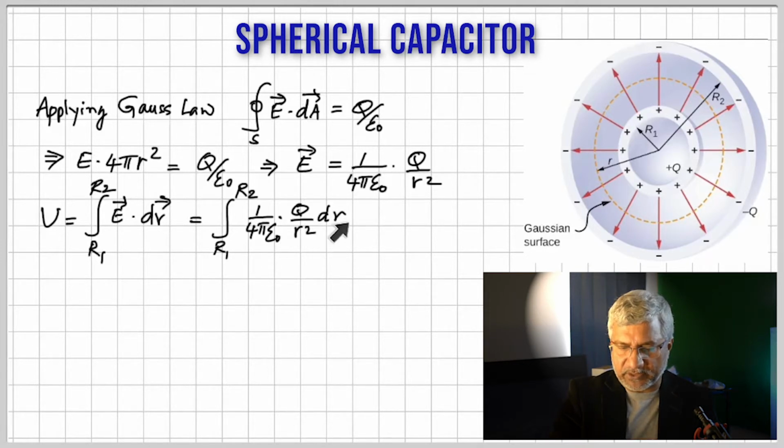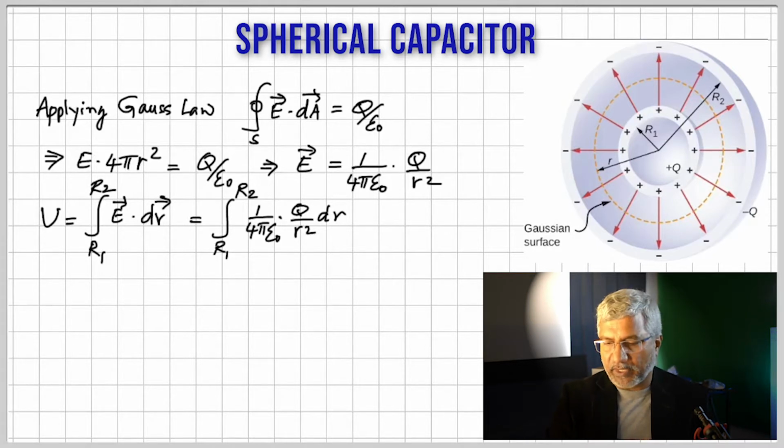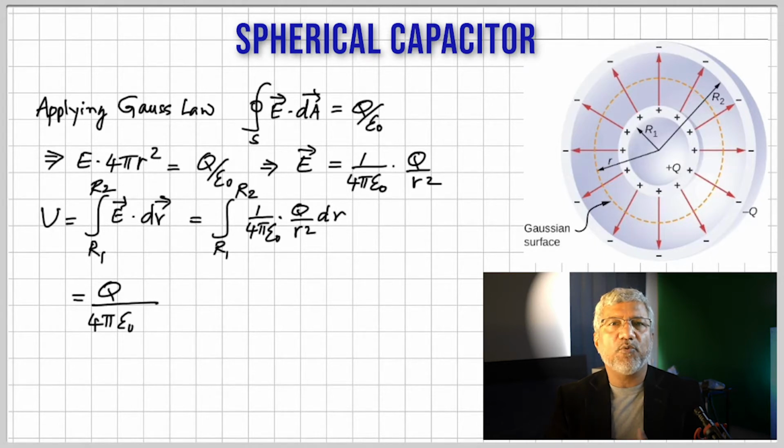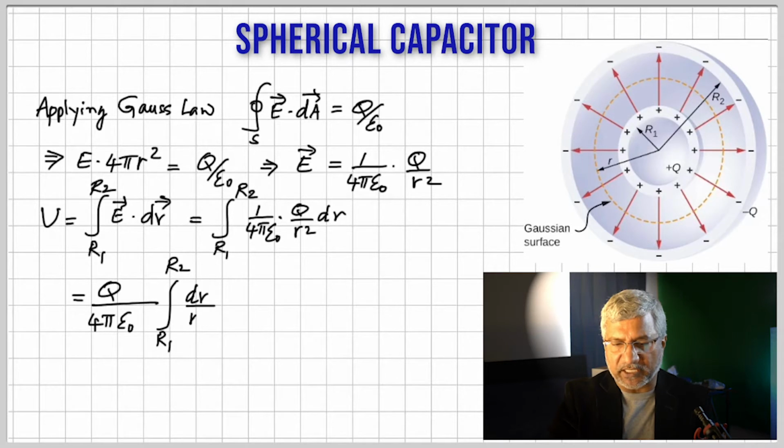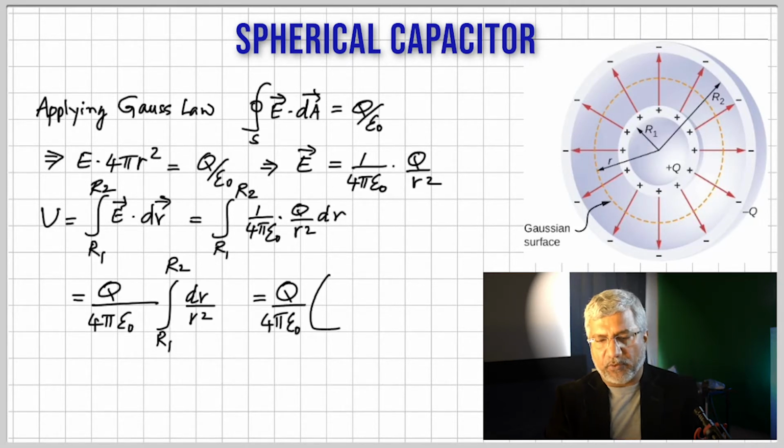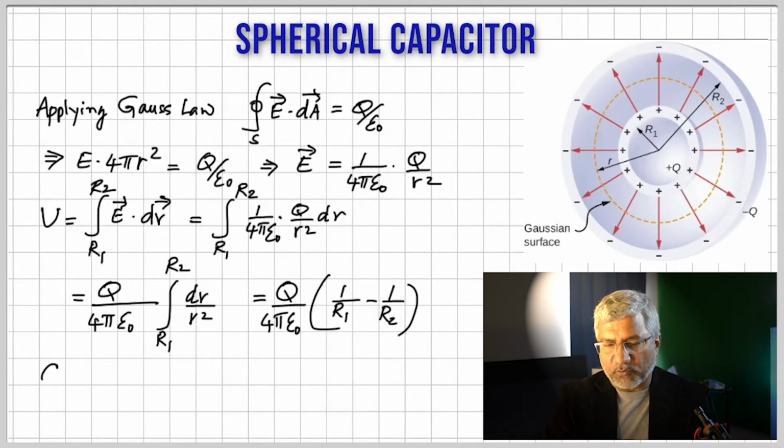Everything here is a constant except 1 by r squared dr. And the integral of 1 by r squared dr is negative 1 by r, right? So when you do that, the constants are taken outside. And then you have the integral of dr by r squared, which you see is negative 1 by r.